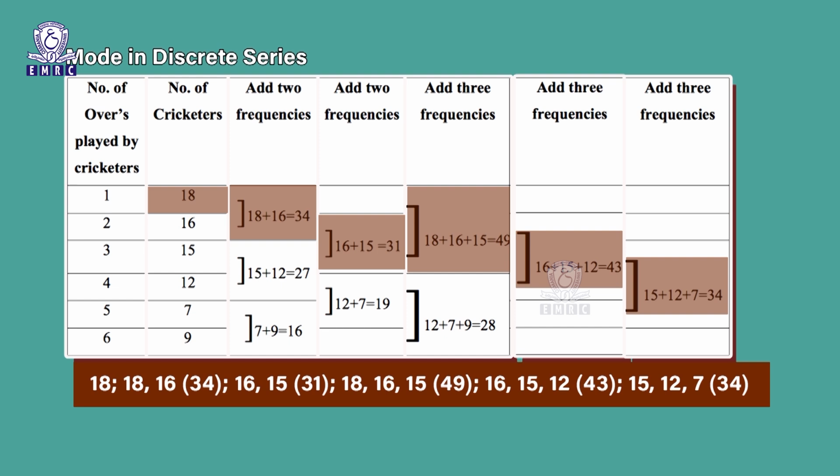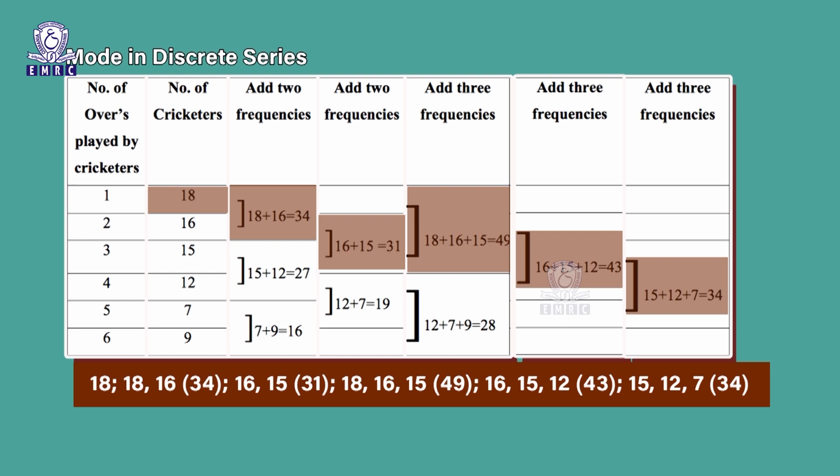And 31 is the combination of two frequencies, that is 16 and 15, so we are going to write 16 comma 15. 49 is the addition of 16, 15 and 18 frequencies, so we are going to write 18, 16, 15. 43 is the addition of 16 plus 15 plus 12 frequencies, so we are going to write these three frequencies 16, 15, 12. And 34 is the combination of 15 plus 12 plus 7, so we are going to write 15, 12, and 7.